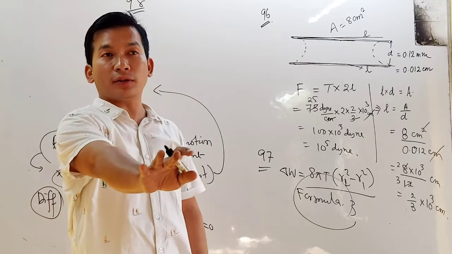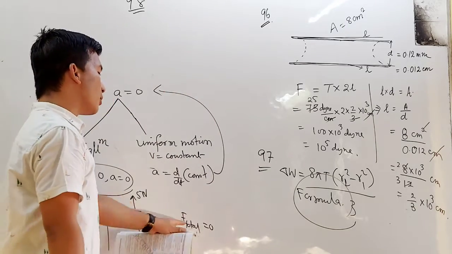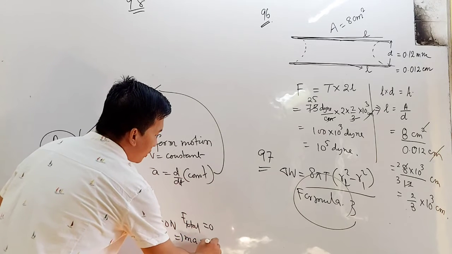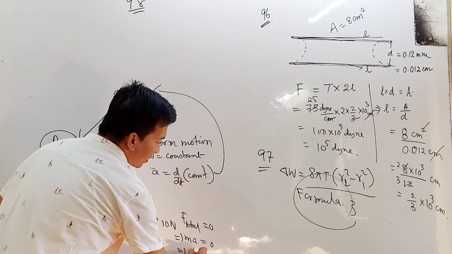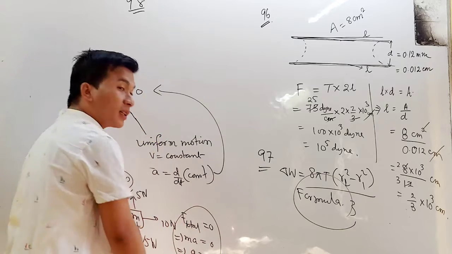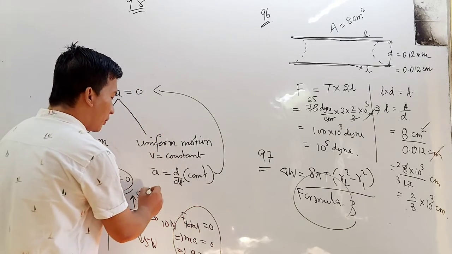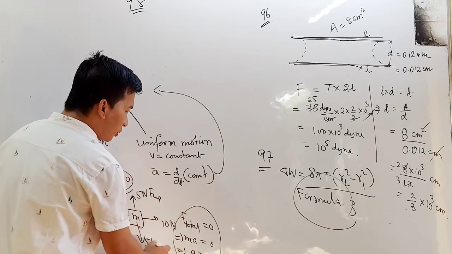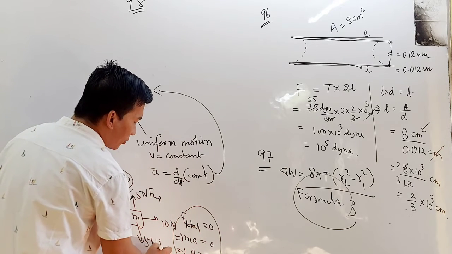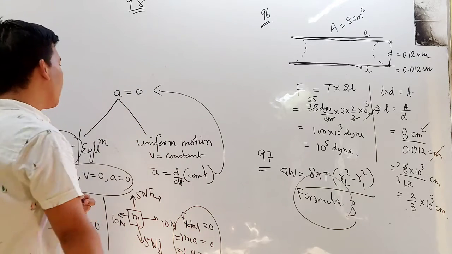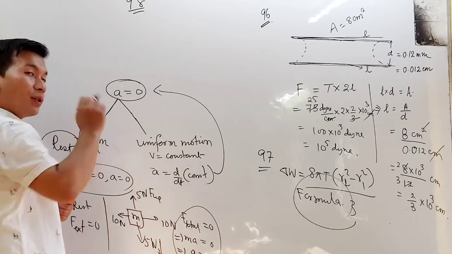The net force or total force will be 0, so can we put it as m into a equal to 0? Then your acceleration a becomes 0. The force acting in the upward direction will be equal to the force acting in the downward direction, so acceleration a is equal to 0.